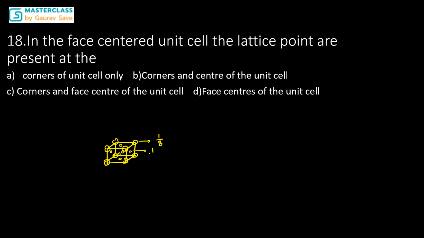So contribution of face center is 6. Okay, 8 atoms at corner and 6 atoms at face center. So corners and the face center of the unit cell. C is the correct answer over here.